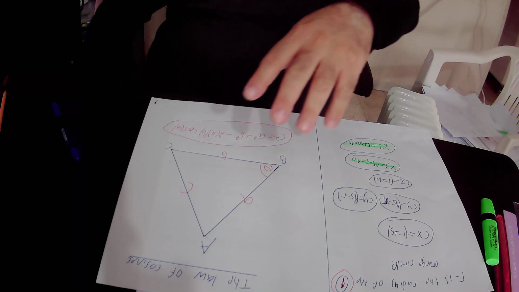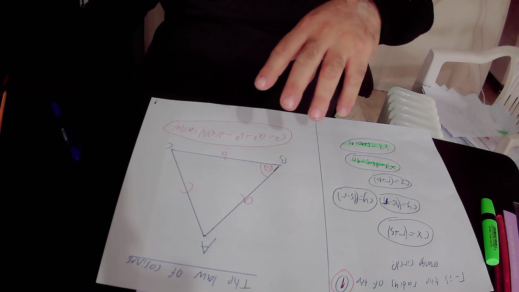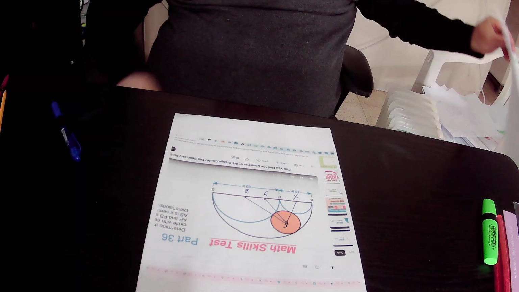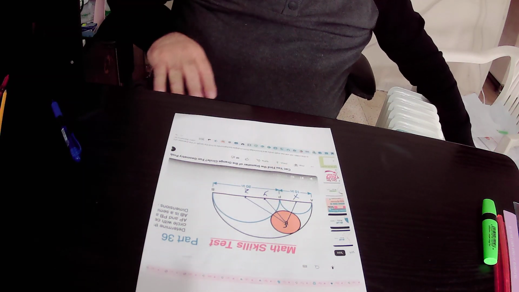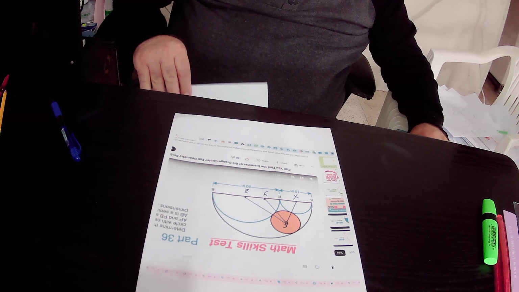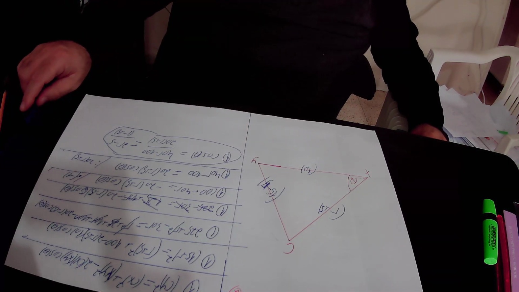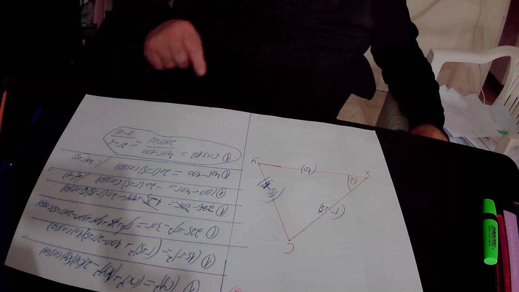So we implemented the law of cosines in our triangle CXY, this triangle, so I copied this triangle in a new page and we implemented the law of cosines in this triangle CXY.